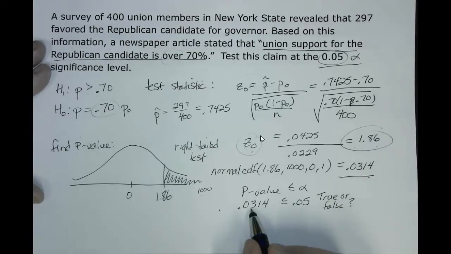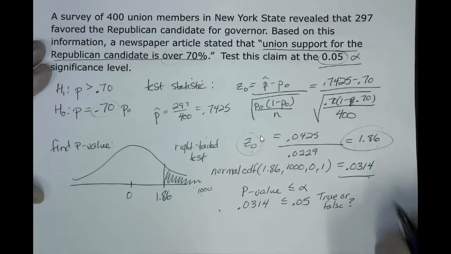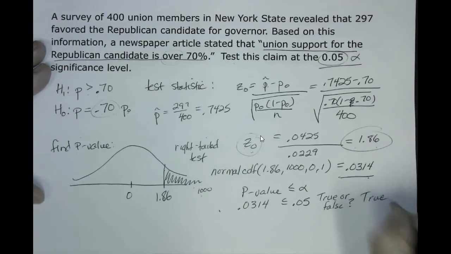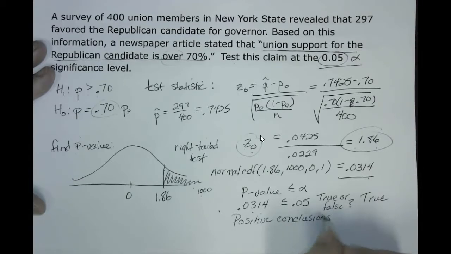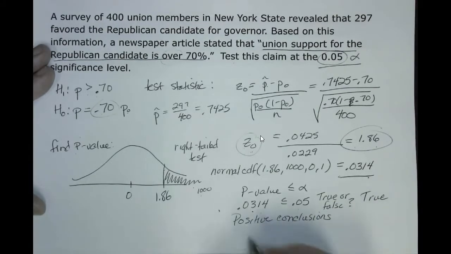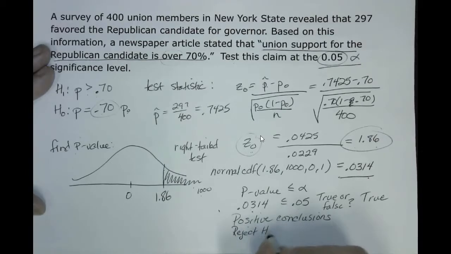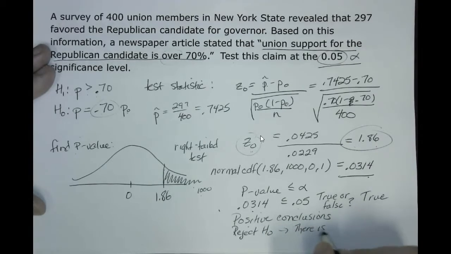Since 0.03 is smaller than 0.05, this is true. What that means is that we have positive conclusions for our test. So we would want to say that we do reject the null hypothesis, and we'd say there is sufficient evidence to support our claim.